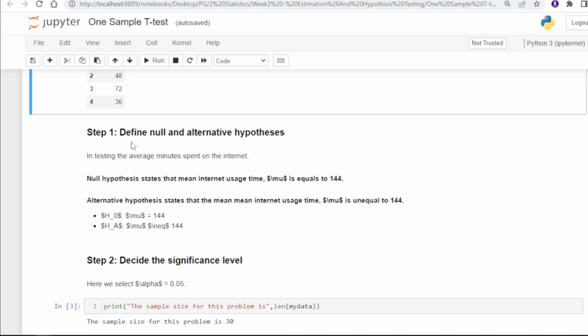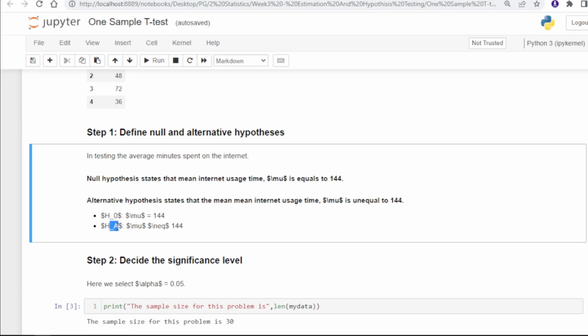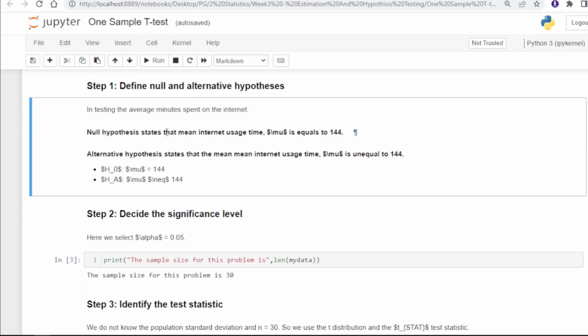First, define the null and alternative hypotheses. This is very important: we define H0 and H1. In testing the average minutes spent on the internet, the null hypothesis states that the mean internet usage time is 144, and the alternative hypothesis states that the mean internet usage time is unequal to 144.